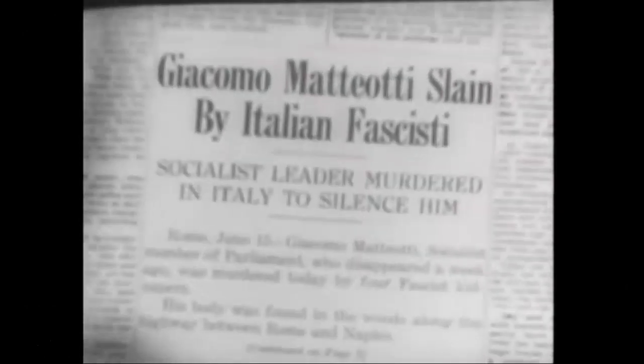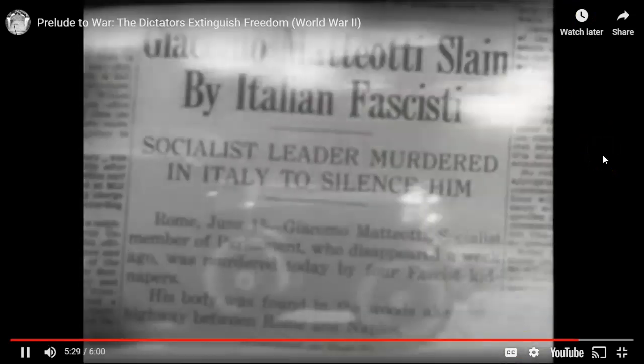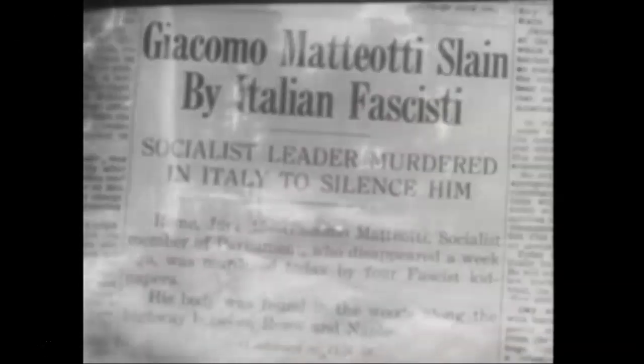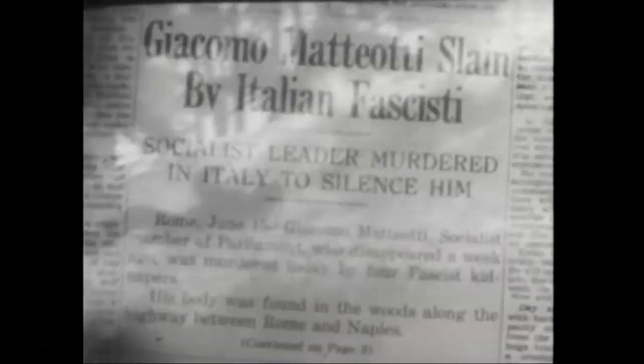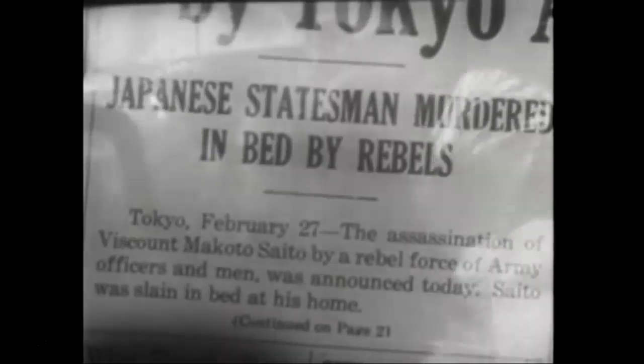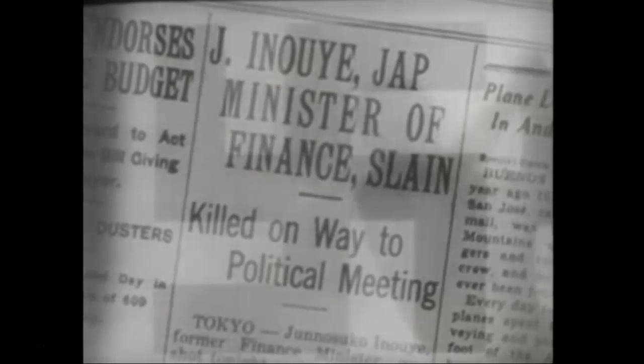And if you look at the headlines as these are going past, they all are talking about people that disagreed with these dictators.